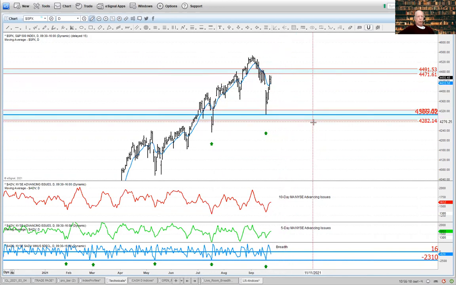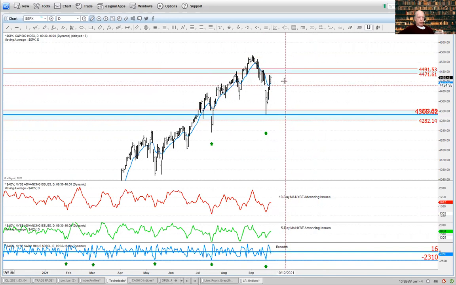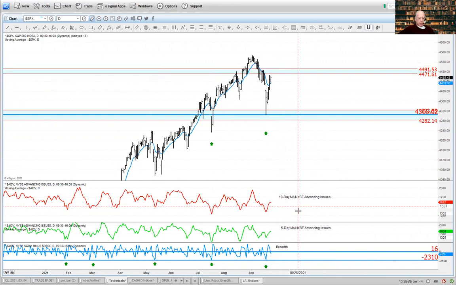Now, that doesn't mean we're going to go straight there. And as I put in the report, I would not be surprised to see some balance in here prior to trading higher. Part of the reason for that is this work, and specifically breadth. We had a big expansion in breadth on the 22nd. I think that was Wednesday.